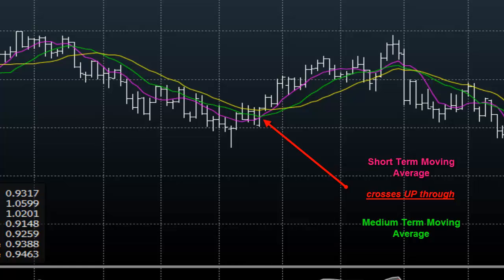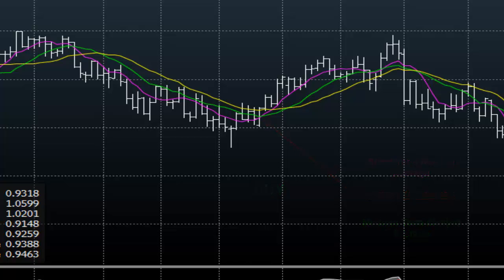What this signals is I should look to start getting long. Then I see that the pink line has crossed through the long-term moving average, and this is a confirmation signal to stay long. I might buy Aussie at this point and let it run higher.